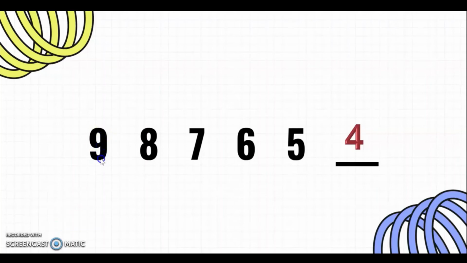So the first number is 9. So 9 minus 1 is 8. 8 minus 1 is 7. 7 minus 1 is 6. 6 minus 1 is 5. 5 minus 1 is 4. Okay, the answer is 4.